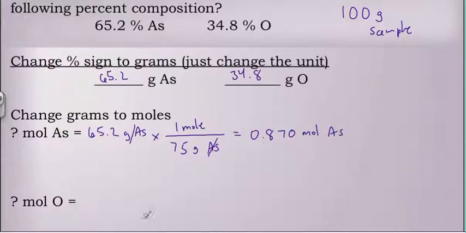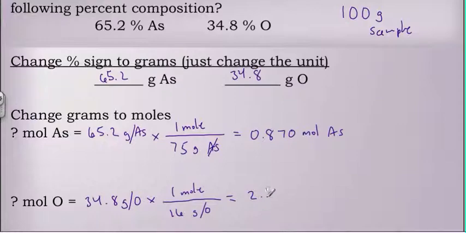Then I'm going to do the same with oxygen. I've got 34.8 grams of oxygen. Divide by the molar mass, which was 16 grams of oxygen in 1 mole. Grams cancel, and I get 2.18 moles of oxygen.